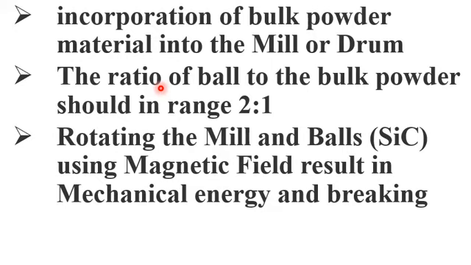When the ball milling apparatus is rotated externally, the balls inside will cause an impact on the powder, and due to the impact the powder will be converted into fine nanoparticles. So these are the three main processing steps involved in the ball milling process for the synthesis of nanoparticles or nanomaterials.